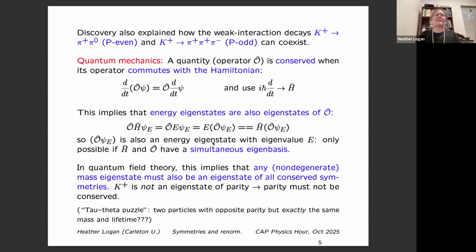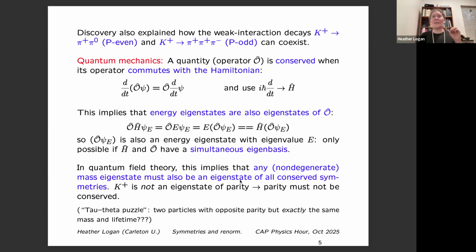So it means that the Hamiltonian and whatever operator have to have a simultaneous eigenbasis. Now, in quantum field theory, what that implies is that any mass eigenstate that's a single particle, and not 2 particles that happen to have the exact same mass, so non-degenerate, must also be an eigenstate of all conserved symmetries, because the energy eigenstates in quantum field theory are mass eigenstates, okay?